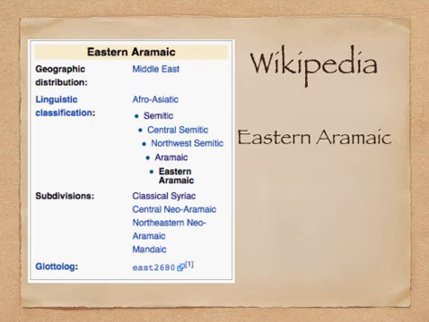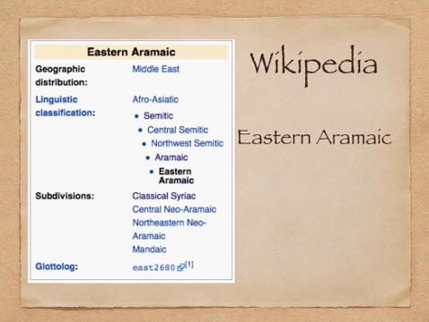If, for example, we look at the Eastern Aramaic dialects of Syriac, from this chart you would assume that Syriac, which is the language that the Aramaic New Testament has been preserved in, is an Eastern Aramaic dialect, and therefore you wouldn't expect Jesus in Palestine to have anything to do with it.